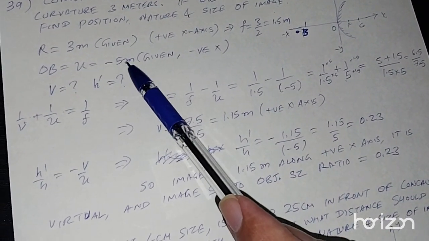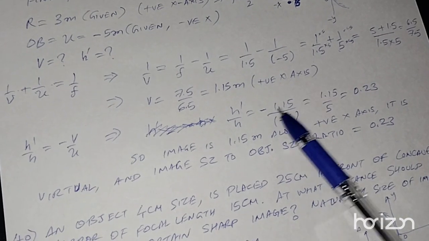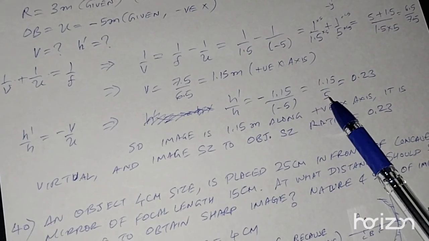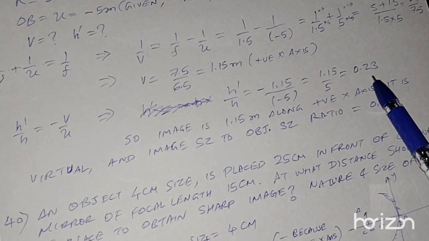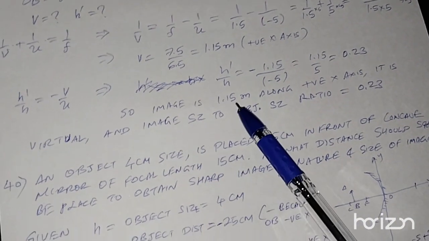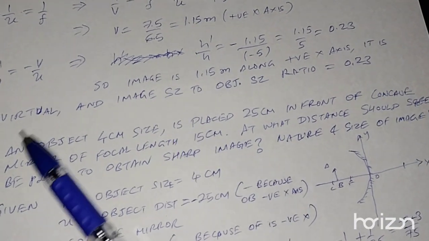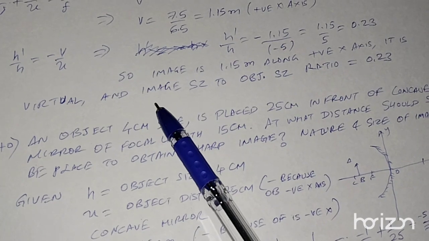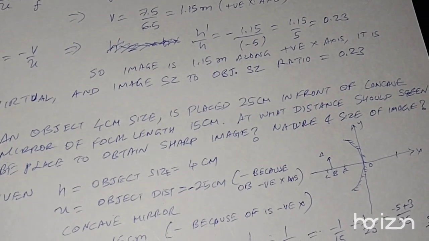So u is minus 5, but there is already a minus sign in the formula, so that minus and this minus get cancelled. 1.15 divided by 5, using the calculator, you can see that it is 0.23. So the image is 1.15 meter along the positive x-axis, and it is virtual because it's behind the mirror, and the image size to object size ratio is 0.23.